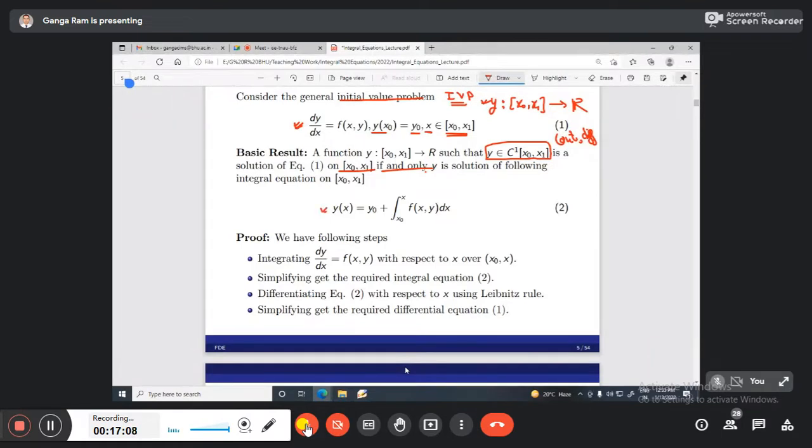So I am saying that y is a solution of this initial value problem if and only if y is a solution of this integral equation. The condition is that y must belong to the C1 class.